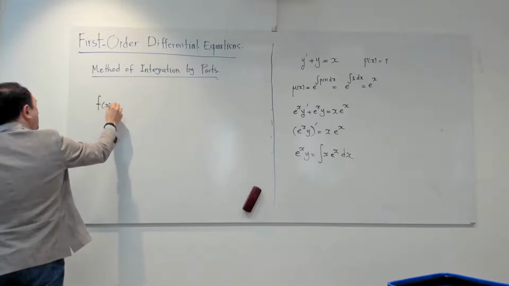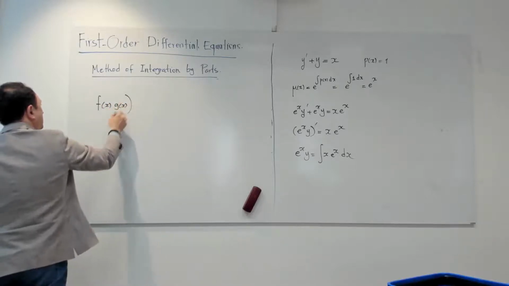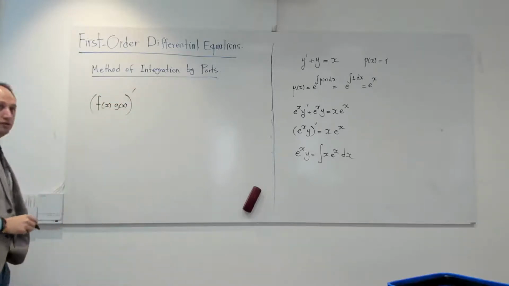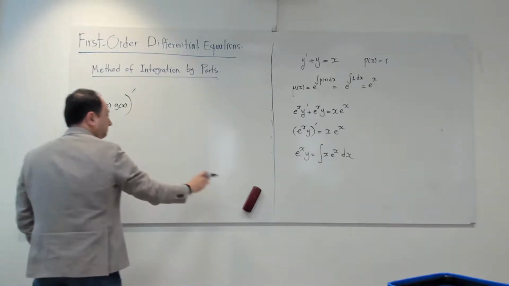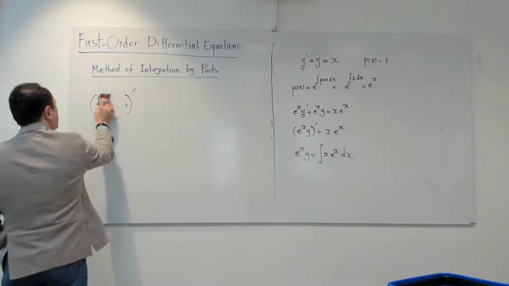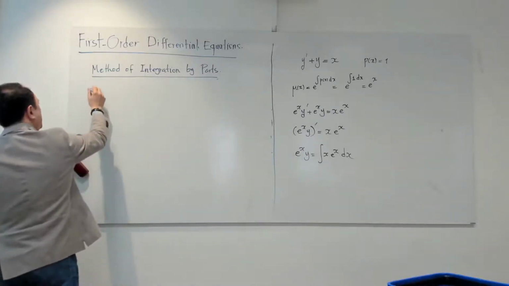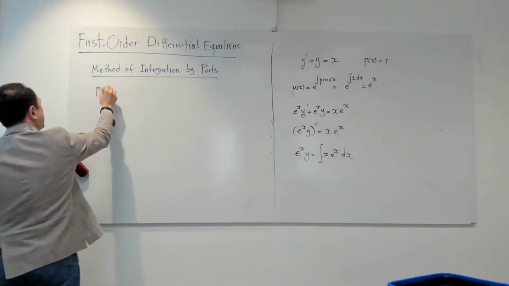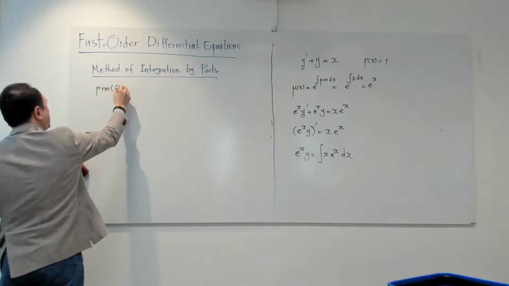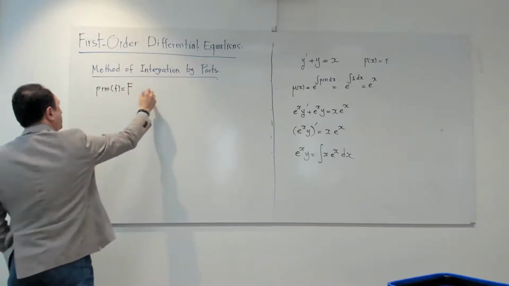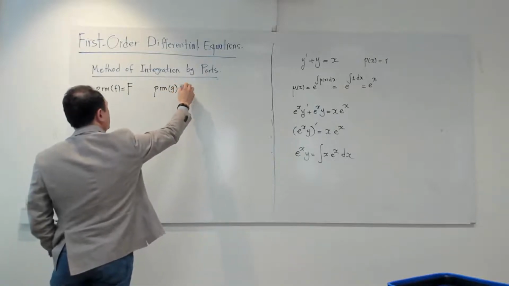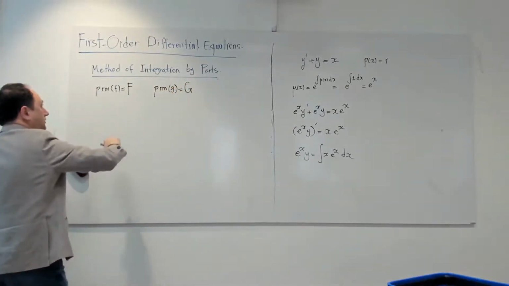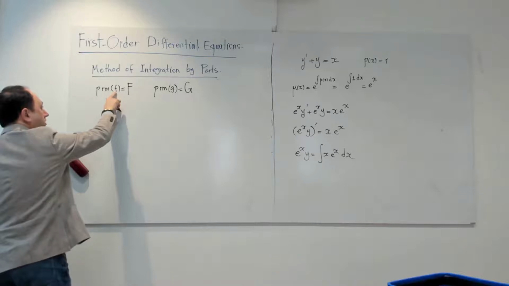So if I give you f of x, g of x prime, the derivative of that, so then you would say that, let me write it like this. So let me assume that the primitive function of a function f is the capital F, and the primitive function for little g is capital G. Okay, so if I ask you, do you know a primitive function for little f?